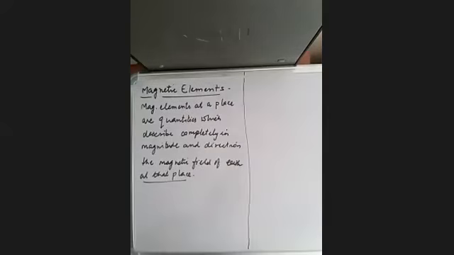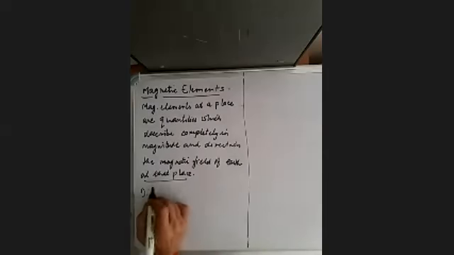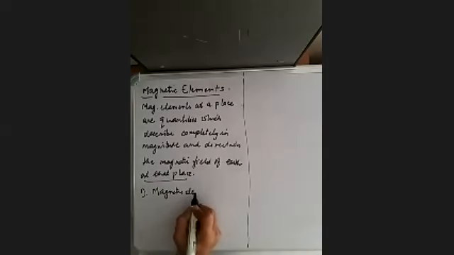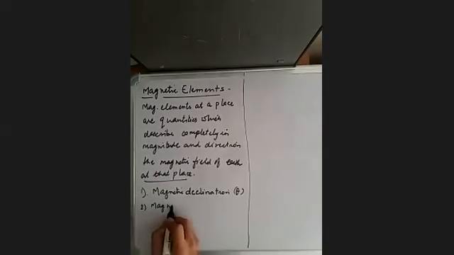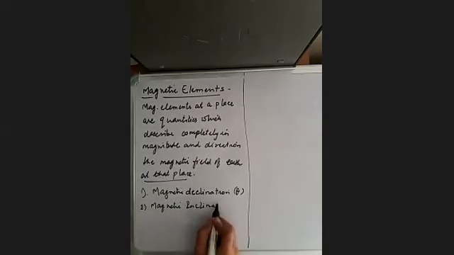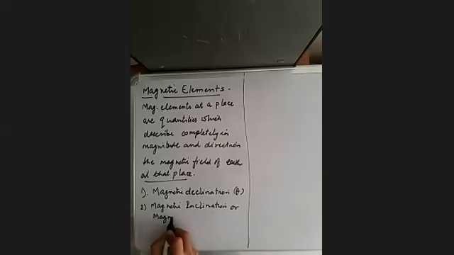Okay, now the magnetic elements, there are three types of magnetic elements. One is magnetic declination, represented by theta. Second is magnetic inclination, also called magnetic dip, represented by delta.